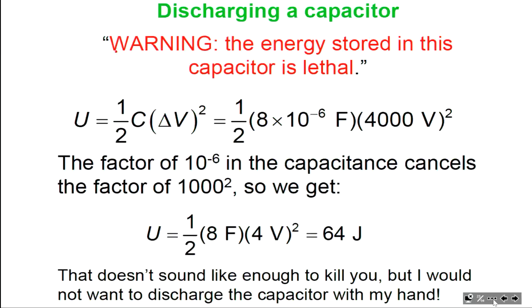Now, the number of joules stored in this capacitor was very small. The calculation is right here. 60, 70 joules, something like that. It's actually not a very large number. 70 joules, right?